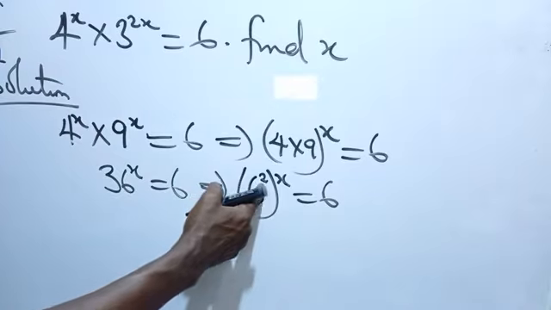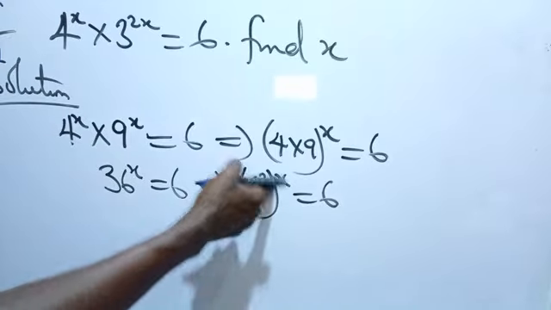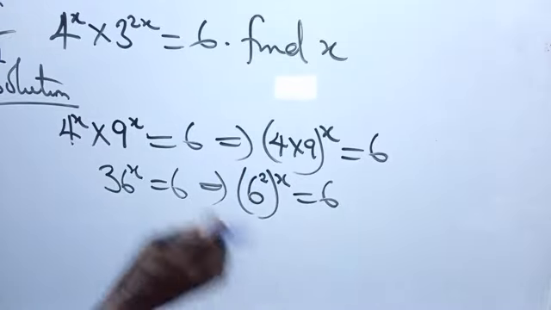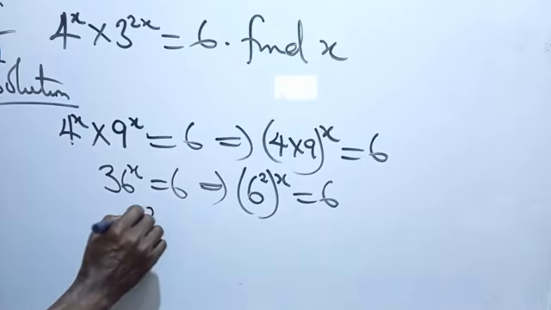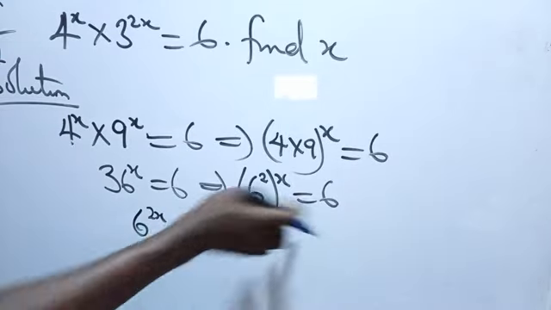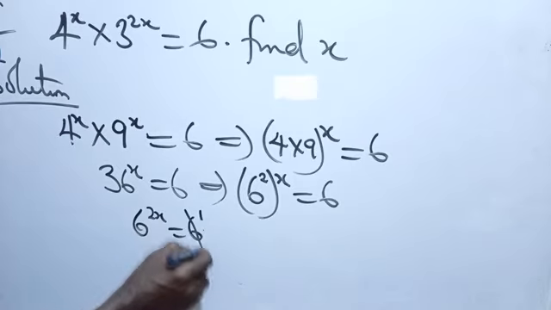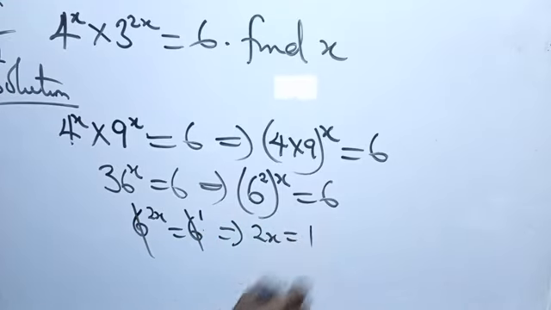Beautiful. Now, multiplying out according to the law of indices, because the exponents are being separated by brackets, 6 raised to the power 2x equals 6 raised to the power 1, because 6 is 6 to the power 1. So since 6 is common now, 2x equals 1.